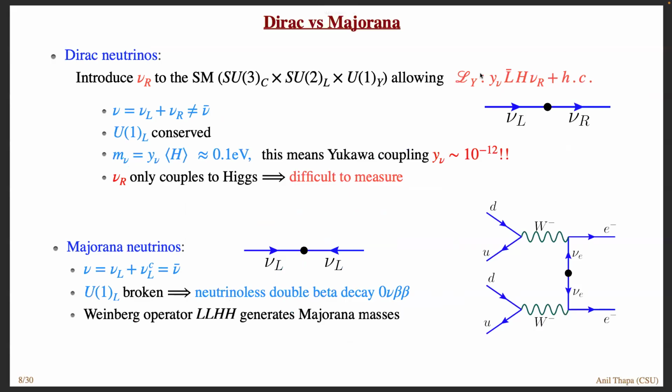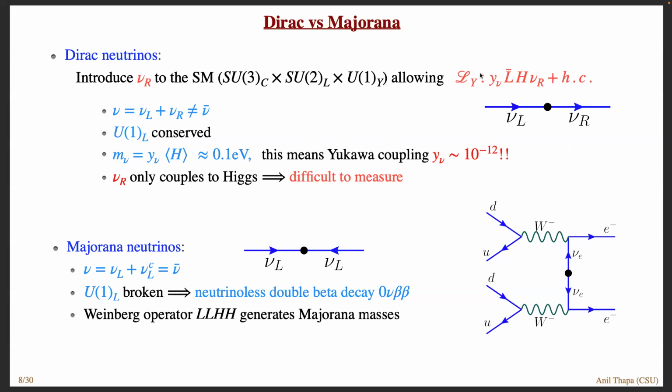Okay, again, going to neutrinos, Dirac versus Majorana. For Dirac neutrinos, by definition, you need a right-handed neutrino, nu_R. So you introduce the right-handed neutrino, which is not in the standard model, of course, under the standard model gauge group SU(3) color, SU(2) left, and U(1) hypercharge.